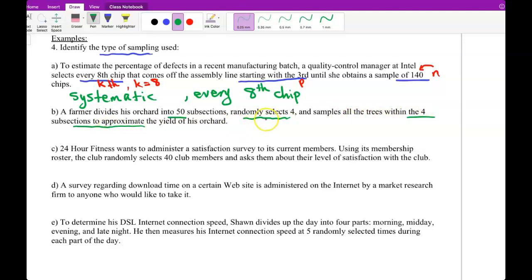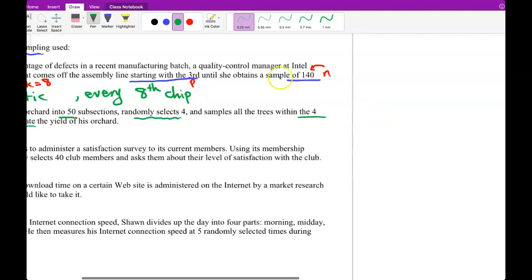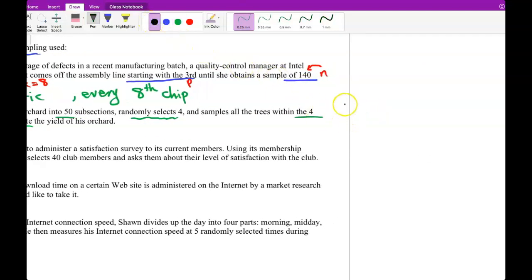So in each group, he has 4. It's like this. Let's say this is all the trees that I have. That is the population.